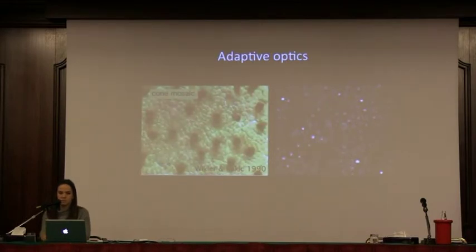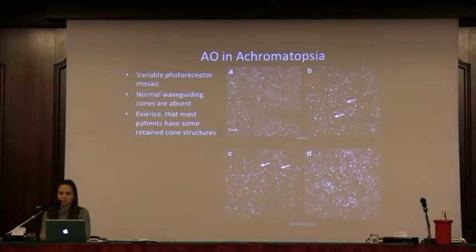Now, there have been some studies regarding achromatopsia, how the photoreceptor mosaic looks like in adaptive optics measurements. And what we can conclude is that this is, for example, a normal retina here in the very center part, and this is 10 degrees from the middle into the periphery.